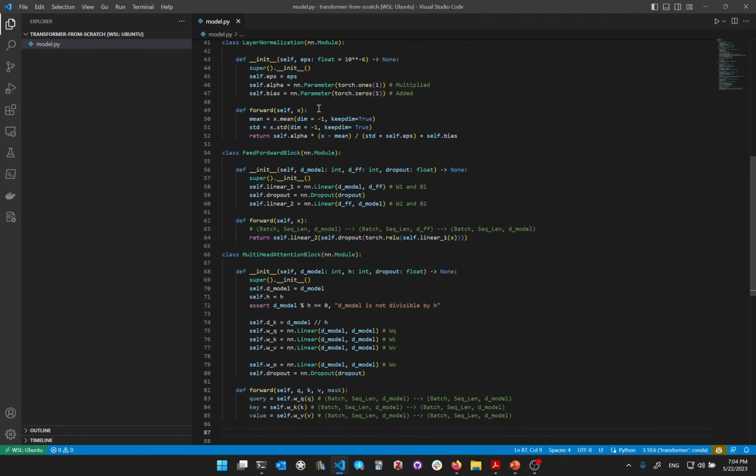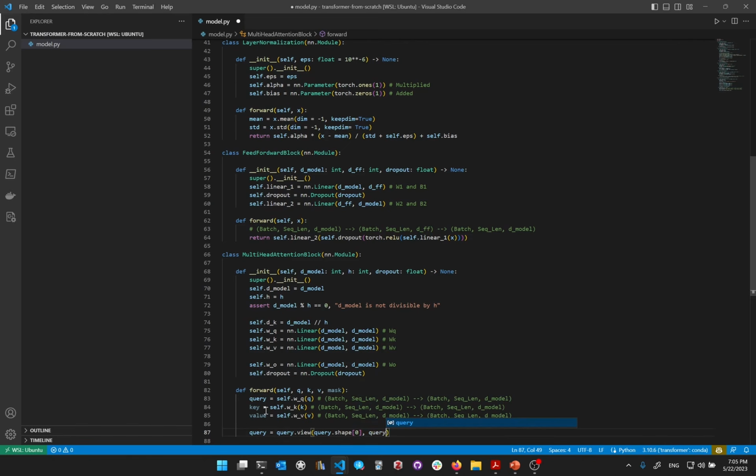Now what we want to do is divide this query, key and value into smaller matrices so that we can give each small matrix to a different head. So let's do it. We will divide using the view method of PyTorch, which means that we keep the batch dimension because we don't want to split the sentence, we want to split the embedding into h parts.